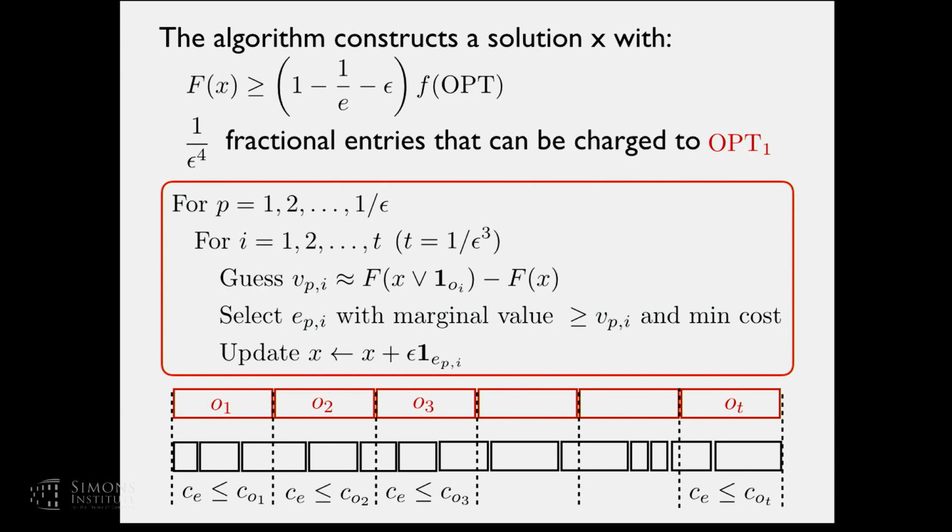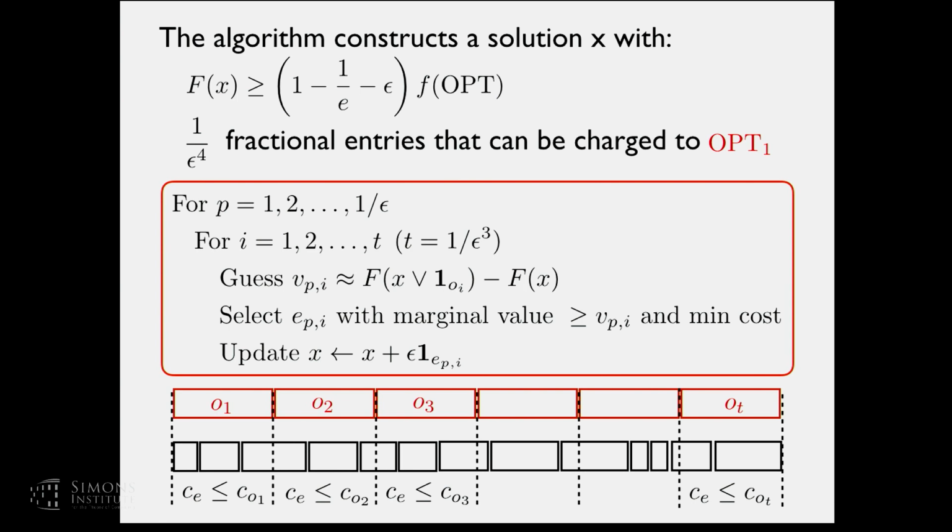And in the opt1 phase, we put the fractional mass only on 1/ε⁴ of these items, because we do 1/ε iterations, and in each iteration we consider 1/ε³ items, because that's our target. So opt1 has size 1/ε³. Okay, so this fractional solution has very bounded fractionality, at most 1/ε⁴.